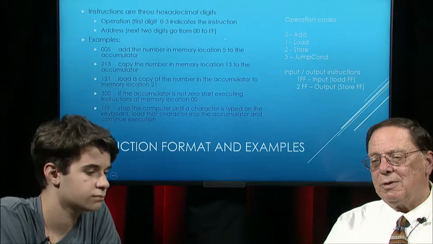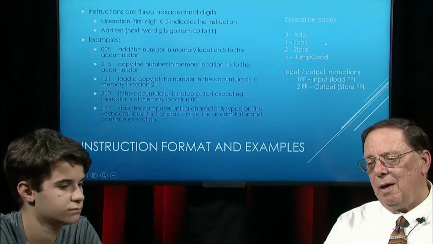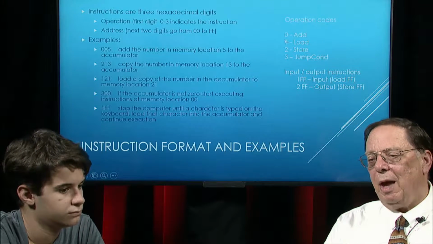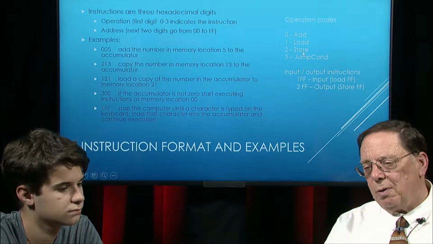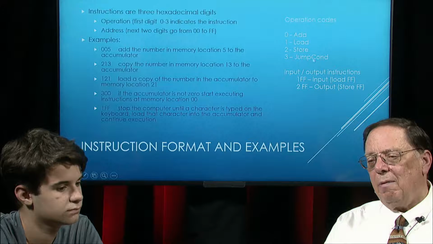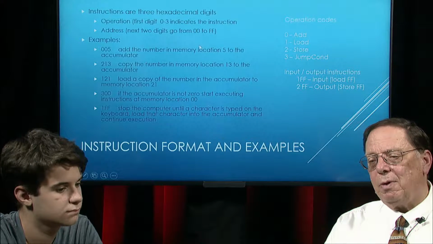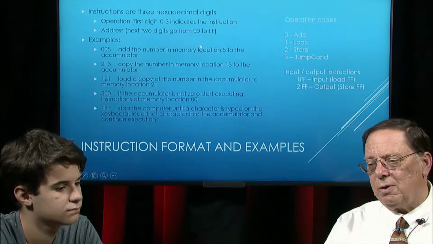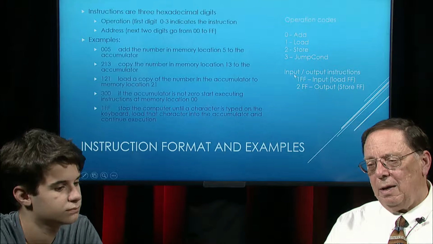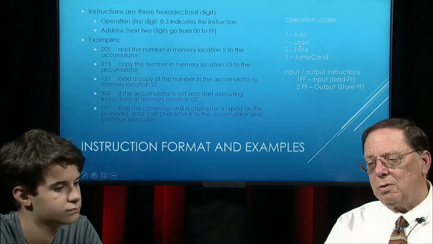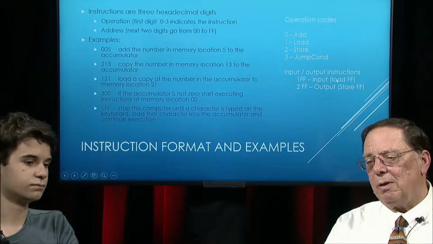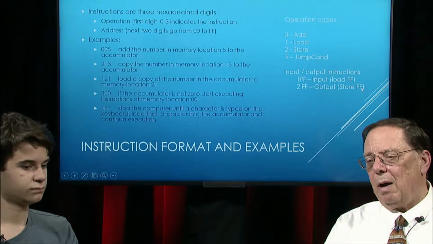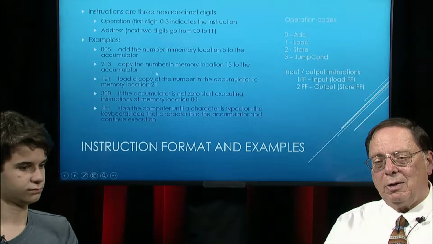And that is the address we're going to load from, the address we're going to get a number from to add to the accumulator, the address we're going to store to. If we have a jump command, it'll be the address where we want to run the next instruction from. Again, if we have load and store with FF as the address, then we'll actually load from the keyboard or write to the display.